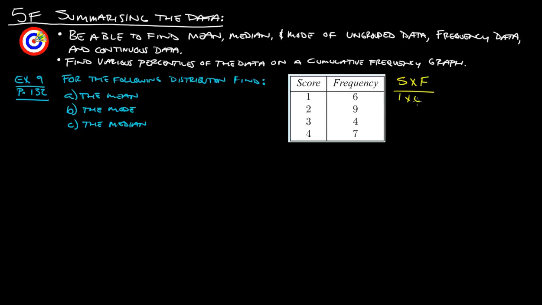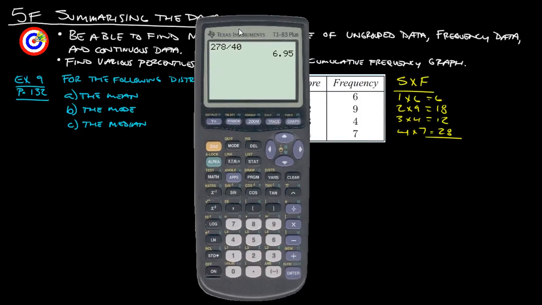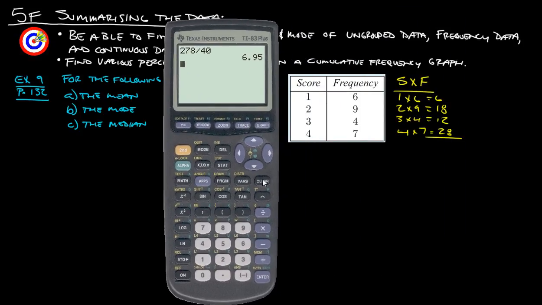Just make our new little column here. So we have 1 times 6, which gives us 6. 2 times 9, because there's 9 2s that show up, that's 18. And then 3 times 4 is 12, and then 4 times 7 gives us 28. Okay, and then we can add those all up.